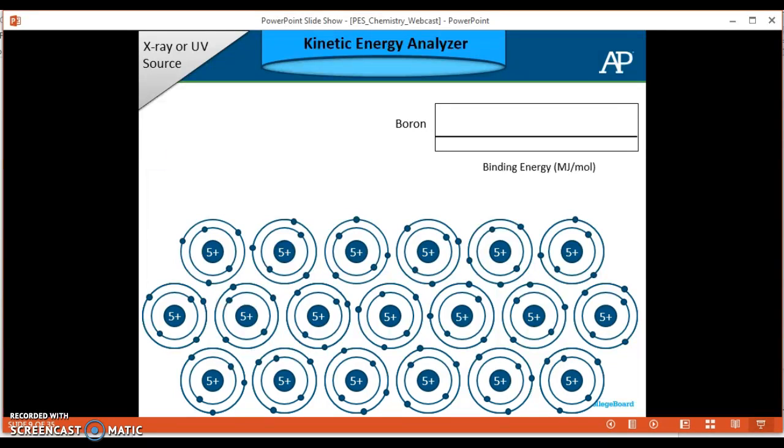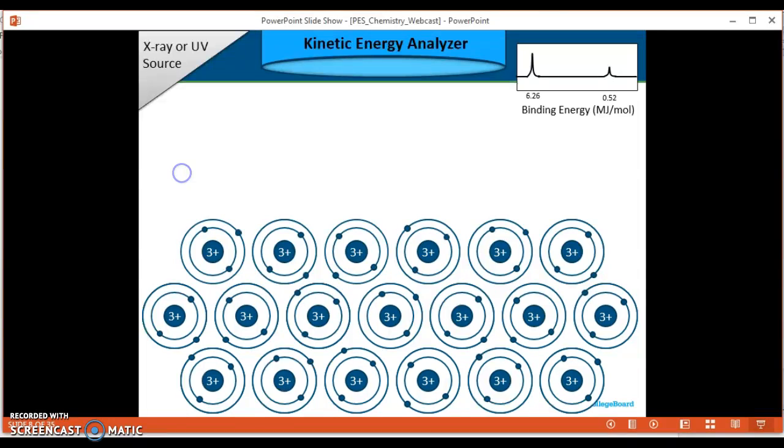The important information in that previous slide is that we have two different peaks that represent the two different shells in which we find the electrons. The one that requires less energy to remove is in the valence shell, and the one that requires more energy to remove is in the more core shell.